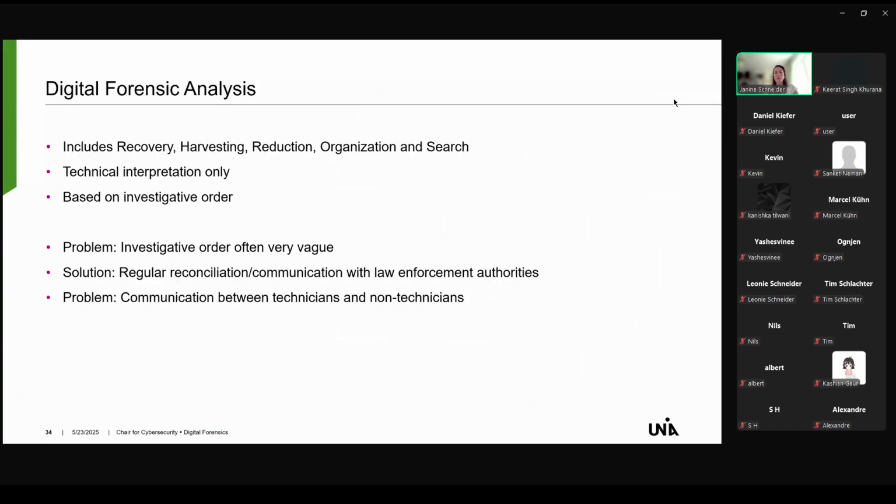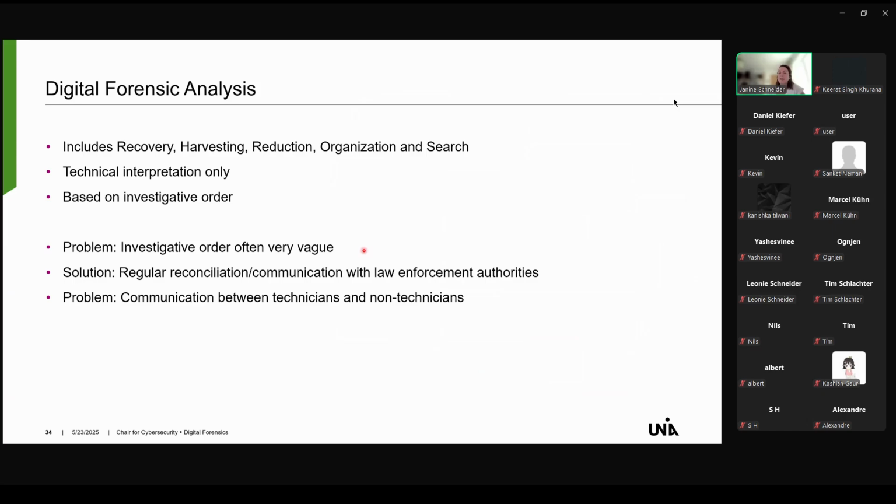In the forensic analysis phase, as I said before, it includes the recovery, harvesting, reduction, organization, and search phase. And this analysis phase is a technical interpretation, and the technical interpretation is always based on an investigative order the forensic expert gets from the prosecution, the court, or the defense.